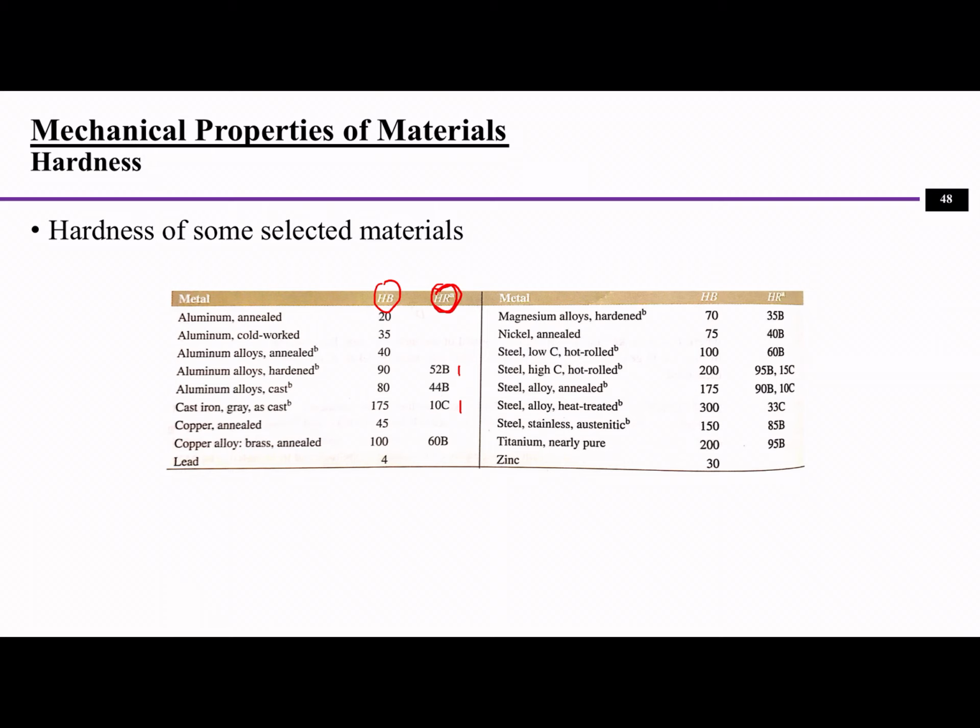Now let's just use one scale, say the Rockwell hardness test scale values. You can see there are some really high hardness ones, for example titanium. Titanium is 95B.